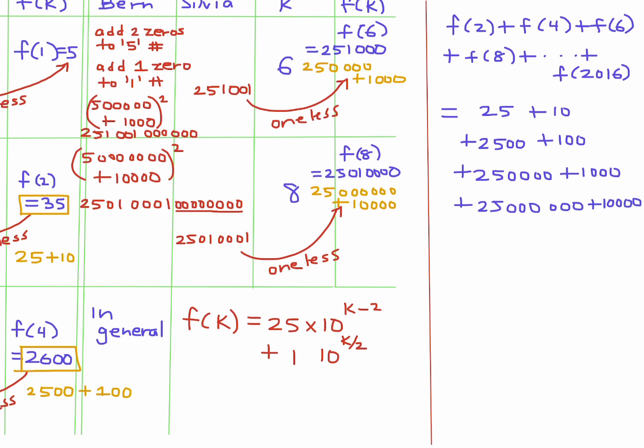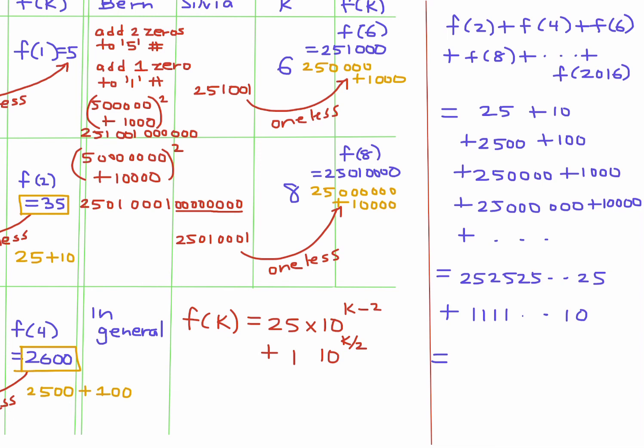And then it just keeps on going like this, plus dot dot dot. So as you can see, when you add all these up, the ones with the 25s in them will be basically a whole bunch of 25s, 25, 25, 25, dot dot dot, 25. And then these ones will be a whole bunch of ones, 1, 1, 1, 1, all the way down to a final 0 at the end.